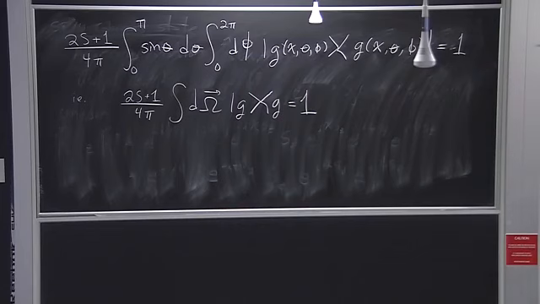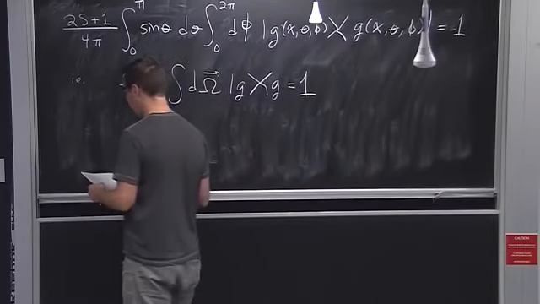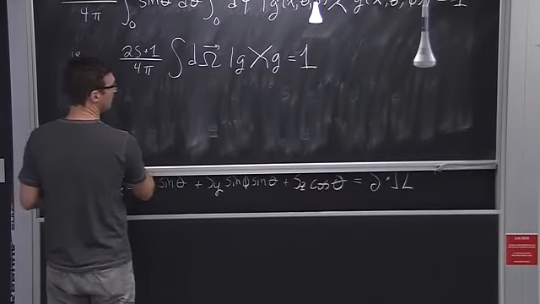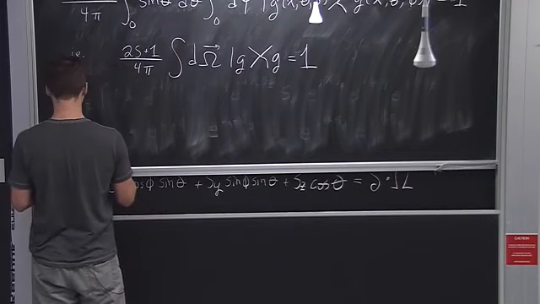And that Jacobian, or that measure of integration, is something to make note of too. You can derive it in group theory, or I think you'll do it on your assignment.